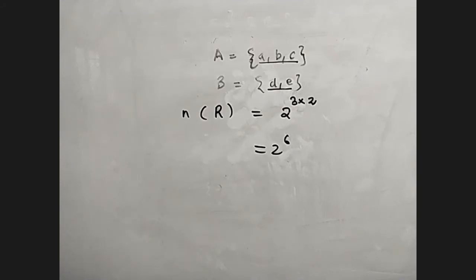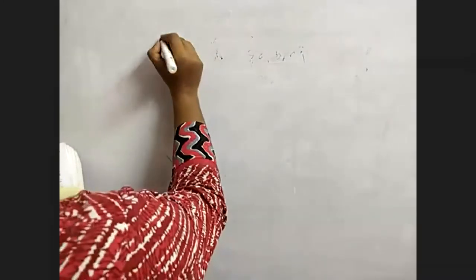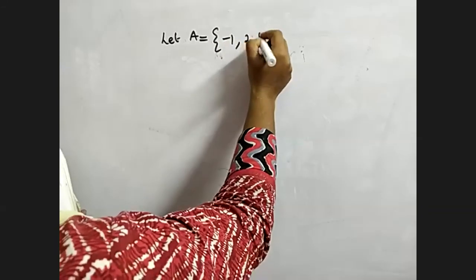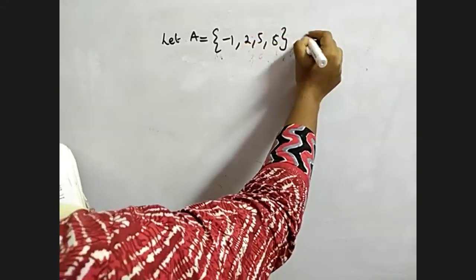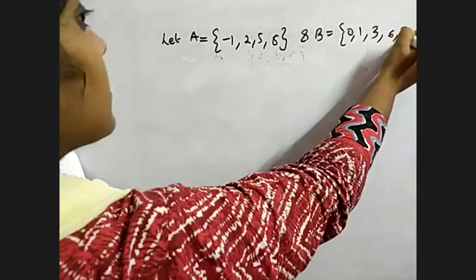Now, next question. Write down the next question. Let A is equal to -1, 2, 5, 8, and B is equal to 0, 1, 3, 6, 7.